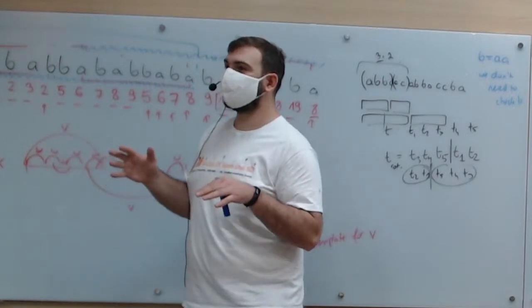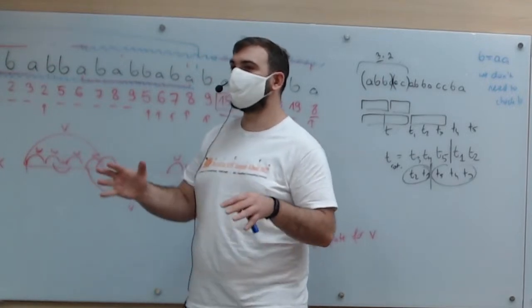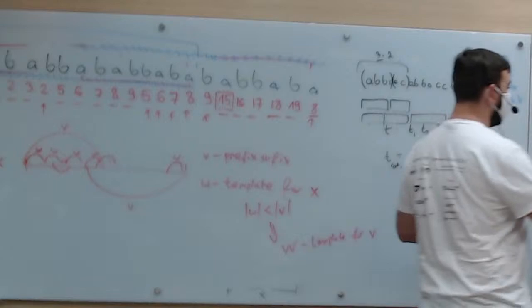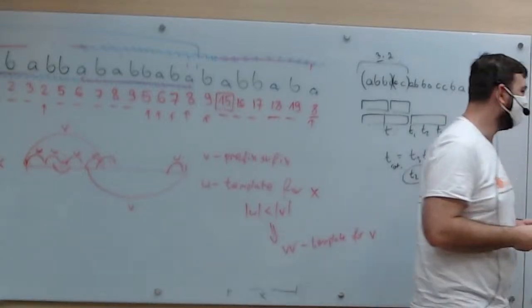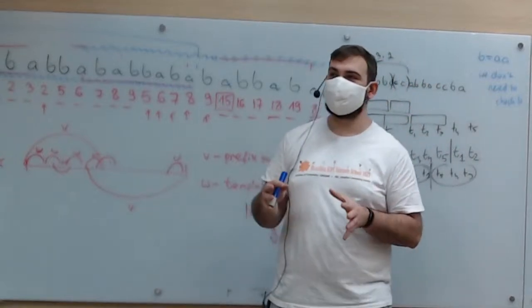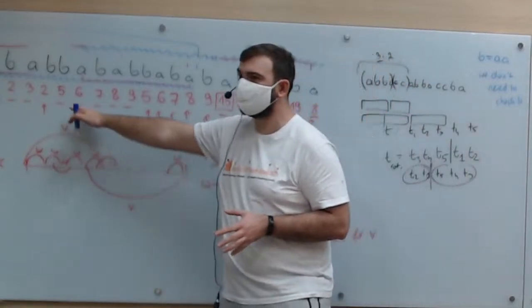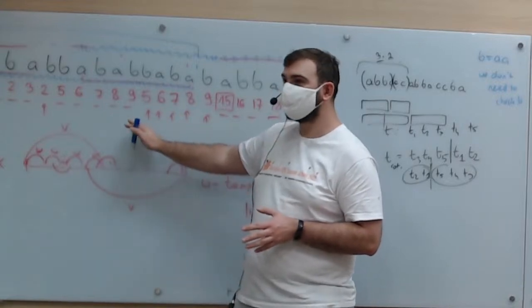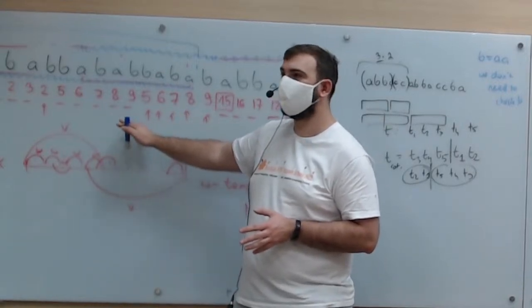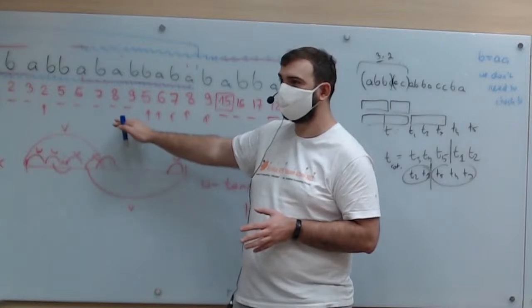So what I'm doing in my algorithm, more or less, is looking at the longest prefix suffix. I'm checking this particular template, because I already calculated that since I'm going from left to right. Then I know what should be the template of this whole word, because this is my only candidate.